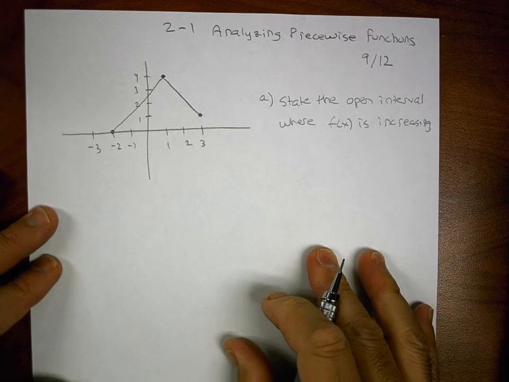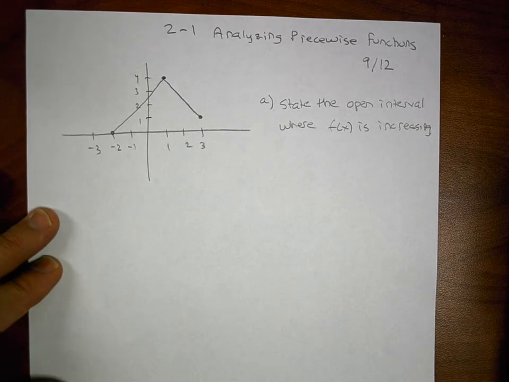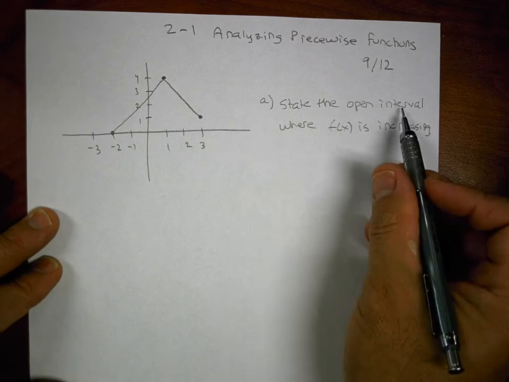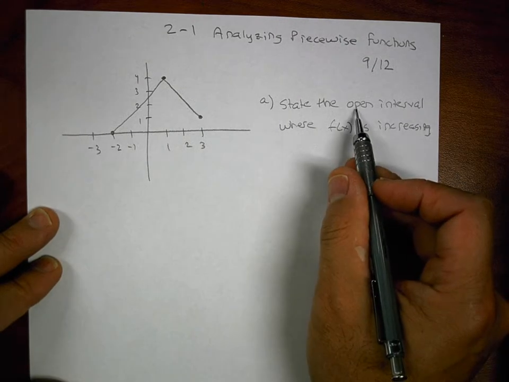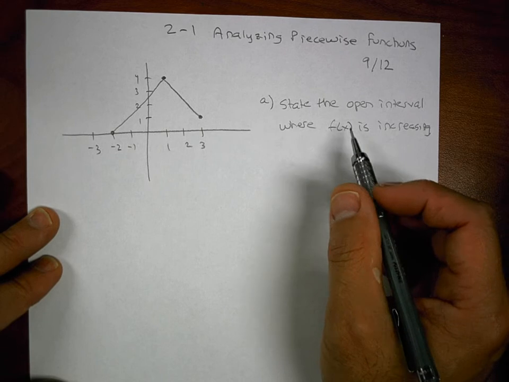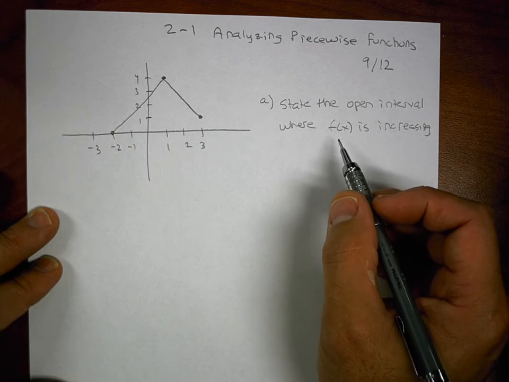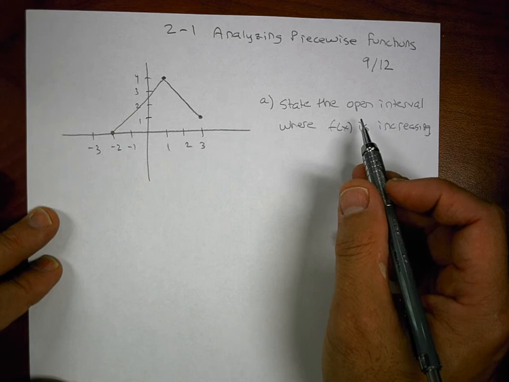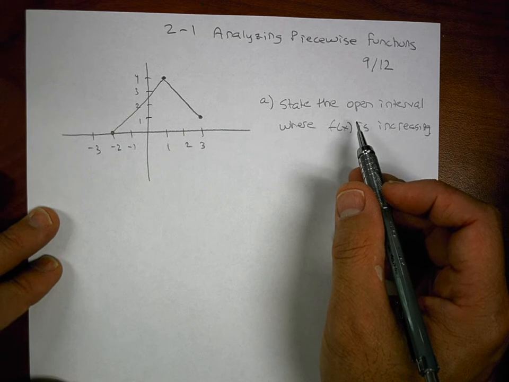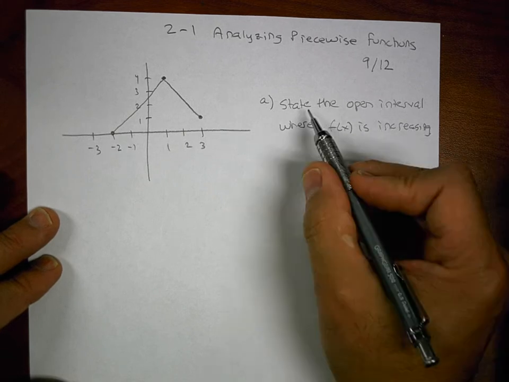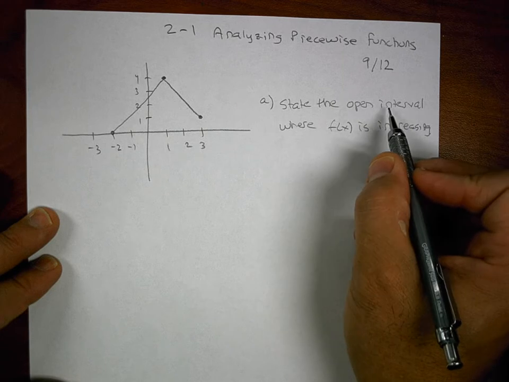Let me explain what that question is and how to answer it. First of all, open meaning, do you think we're going to use square brackets or curved brackets on my interval? If it's an open interval, curved. So it'd be curved. And state this open interval.